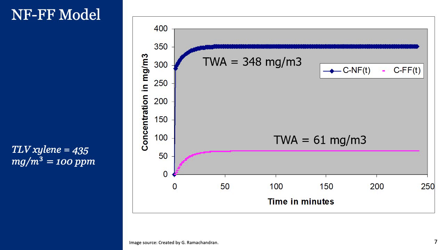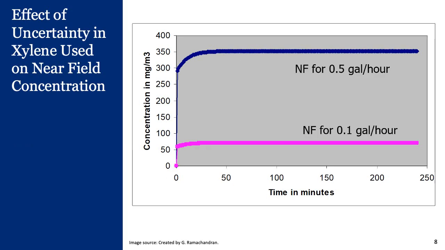But we might be a little unsure about what is the effect of various model parameter uncertainties on the near field concentration. Could it go up beyond 348? So we do some uncertainty analysis. One simple way to do it without using Monte Carlo simulations is to say, okay, we know that, for example, the solvent use is somewhere between 0.1 and 0.5 gallons per hour.